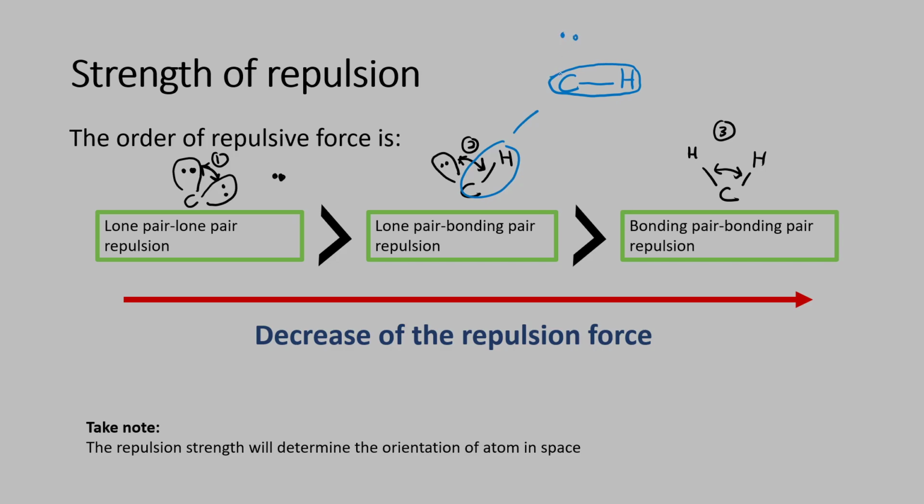Kalau tengok bila ada lone pair, dia kecil kat bawah tapi besar kat atas. Okay, that's why this one lone pair it repulse each other stronger than bonding pairs. So bonding pairs, bila cakap bonding dia orang dah share the electron. Electron tu boleh duduk sini, boleh duduk sini. So dia taklah tolak as kuat as when lone pairs.